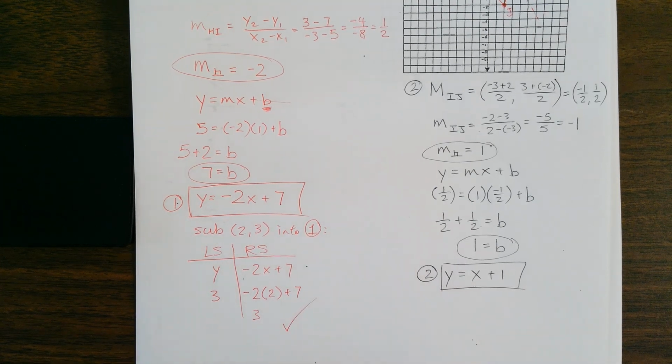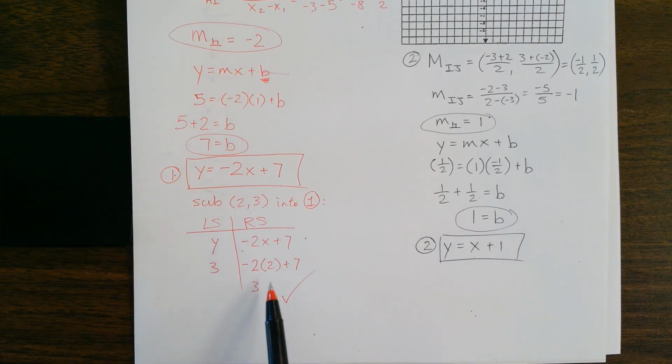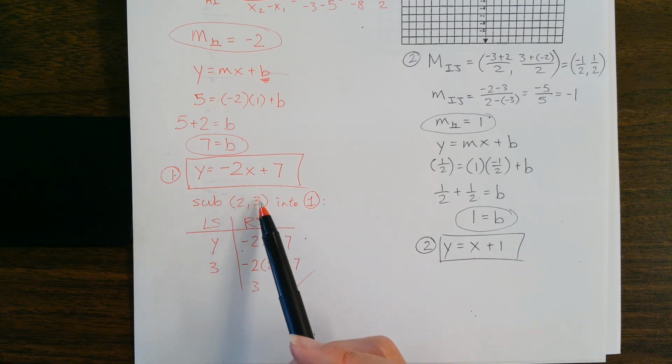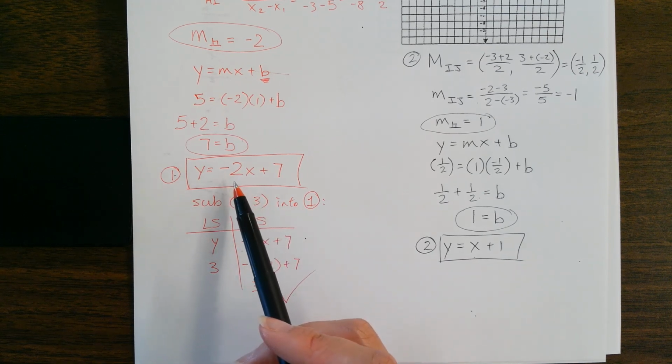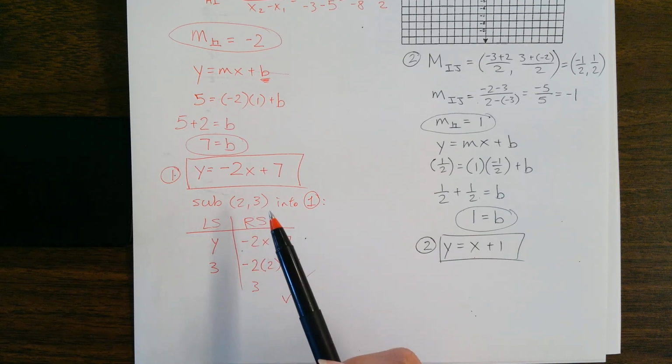So what does that mean if left side equals right side? When I substituted this point, it satisfied this equation. So it means that this point is, what does that imply?